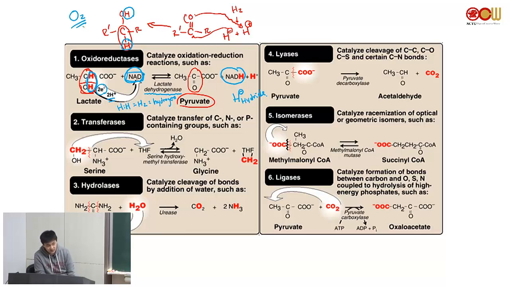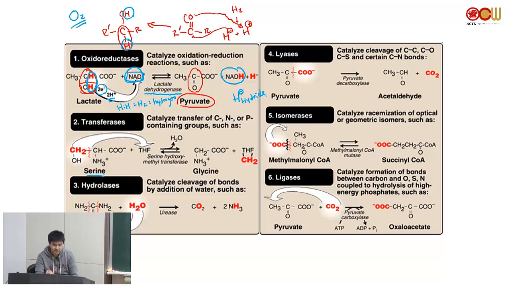Transferase is a transfer of a reaction or a functional group. In this case, we have a transfer of a methyl group, or hydroxymethyl group, not exactly a methyl group. Here we have serine. Serine is an amino acid, and if you want to synthesize glycine, which is another amino acid, you take serine. So you turn serine into glycine.